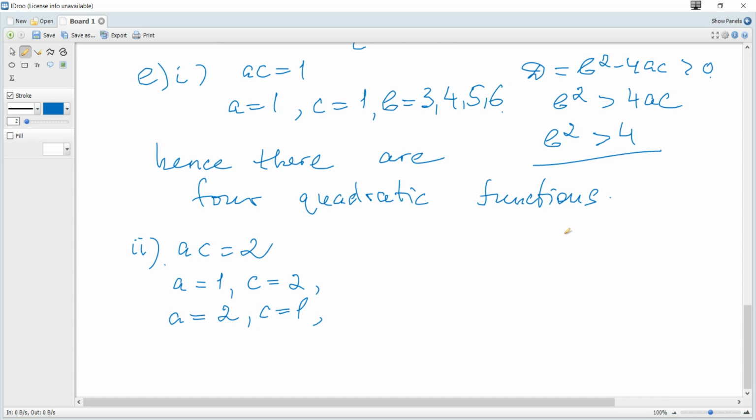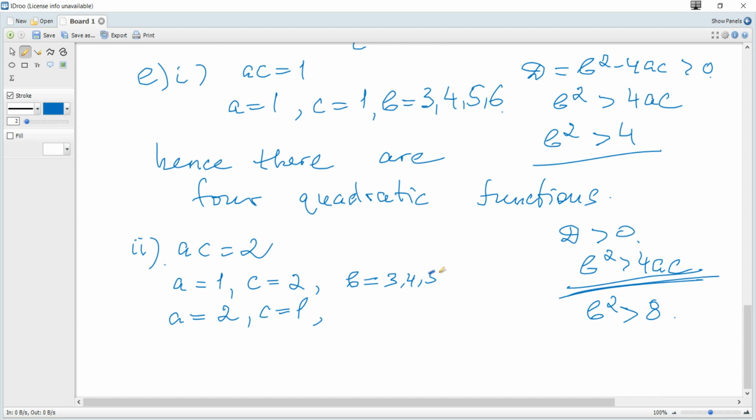And the same condition, discriminant to be greater than 0, b squared to be greater than 4ac. So b squared is greater than 4 times 2, greater than 8. So possible values for b are 3, 4, 5, and 6.